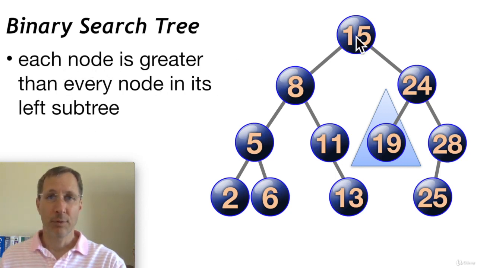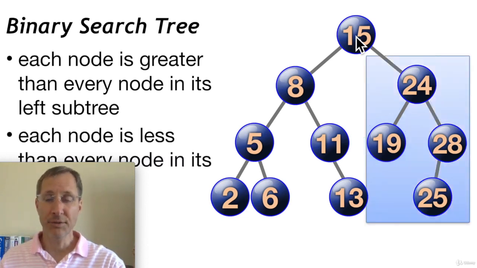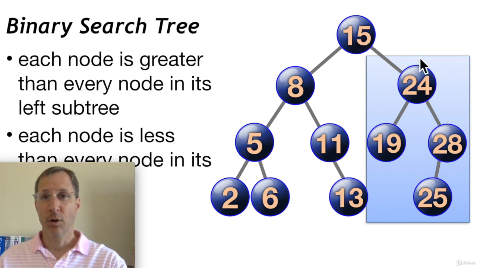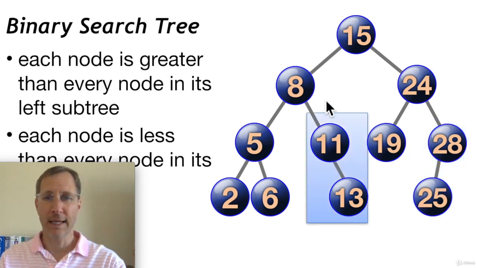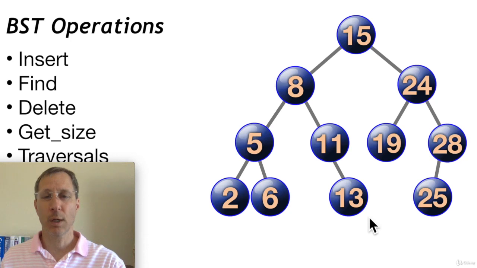Each node is greater than every node in its left subtree. And it's also less than each node in its right subtree. Here we can see that all the nodes in 15's right subtree are greater than 15. And all of the nodes in 24's right subtree are greater than 24. All the nodes in 8's right subtree are greater than 8. So those are two standard requirements for a binary search tree.